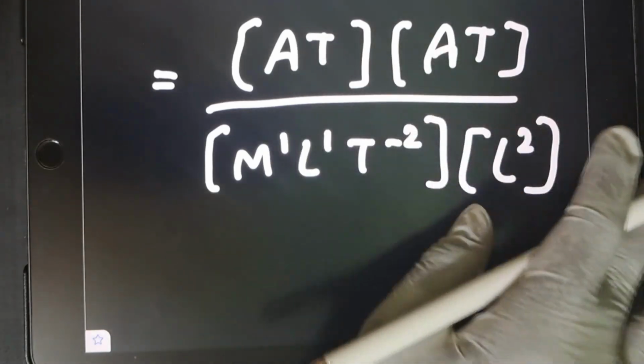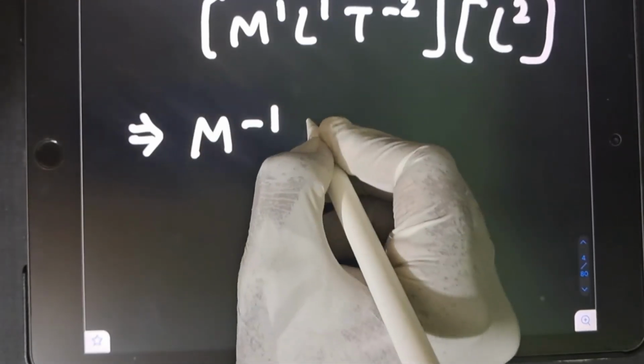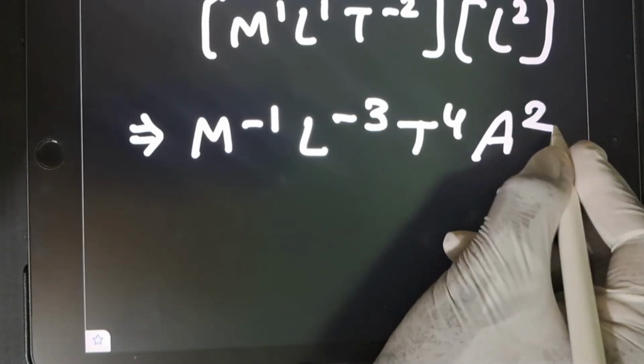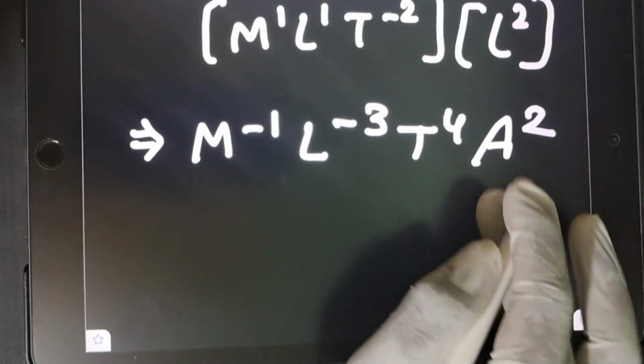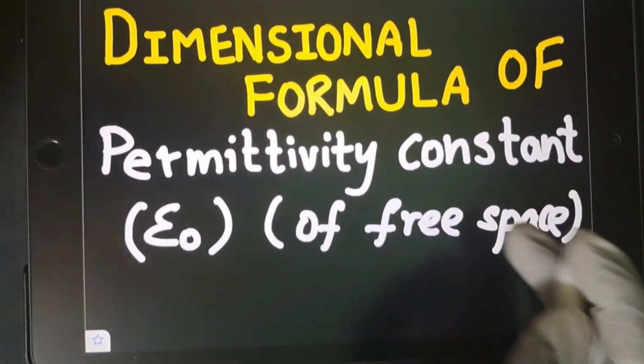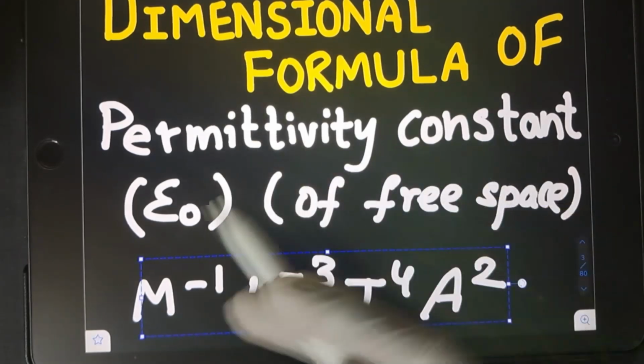On reciprocal, we get M^-1 L^-3 T^4 A^2, which is the dimensional formula of permittivity constant epsilon naught.